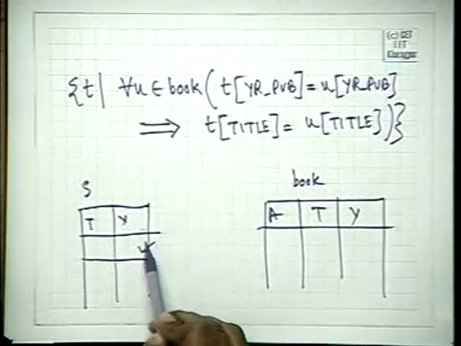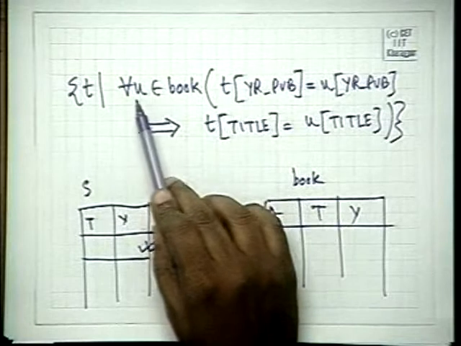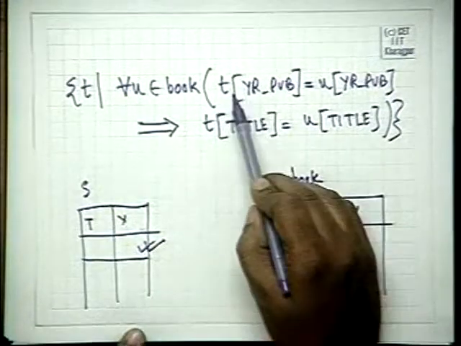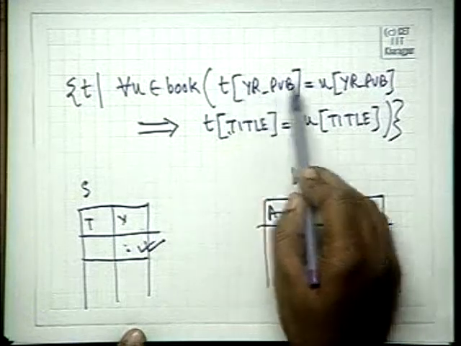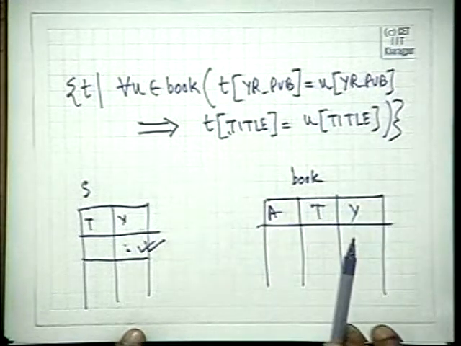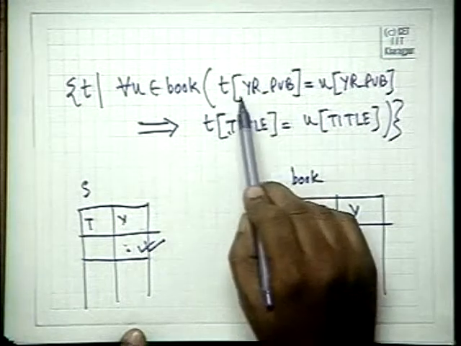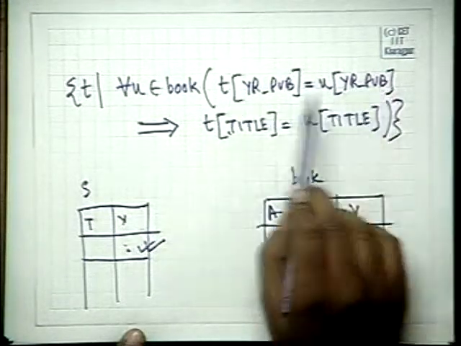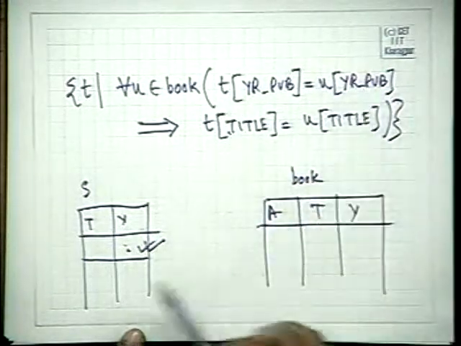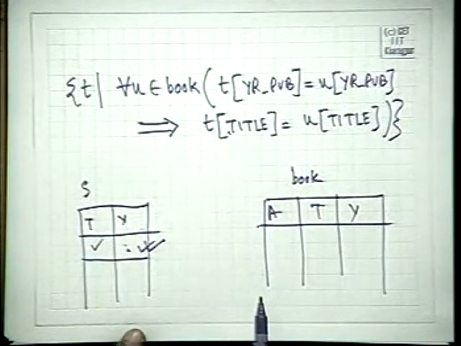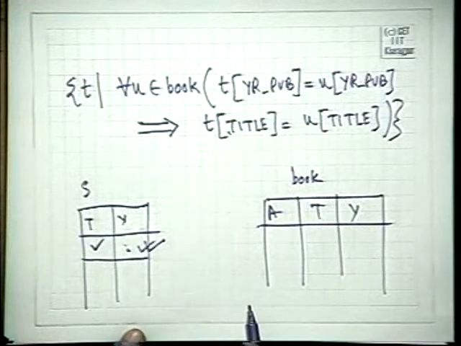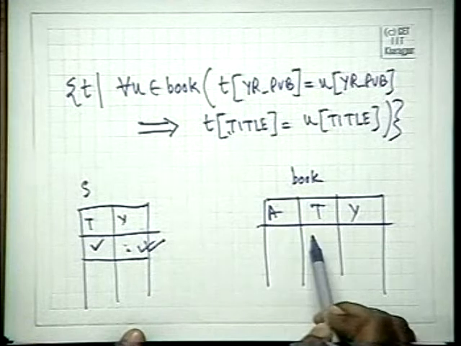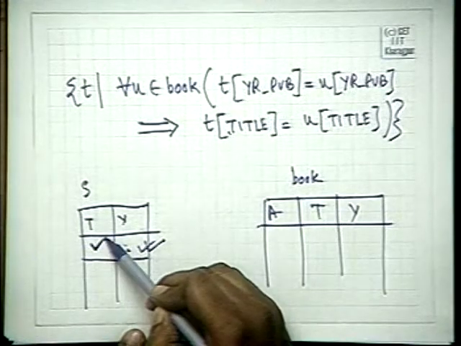For any tuple here, it means that for all tuples in books, if this does not match, it's okay, it is satisfied automatically. It means that if year of publication is same, then the title should be same.